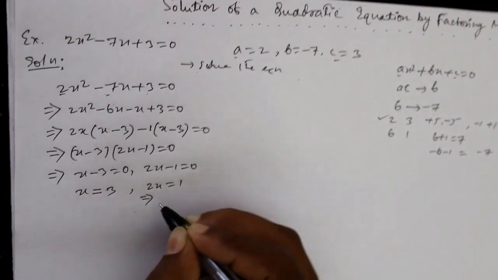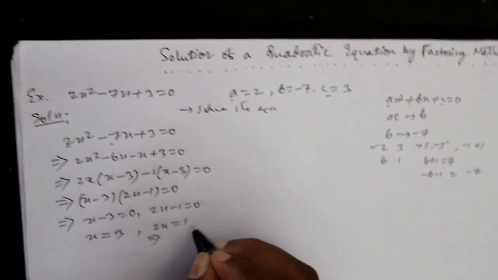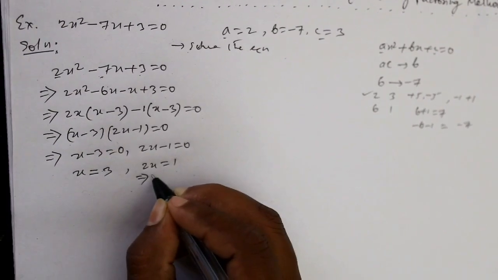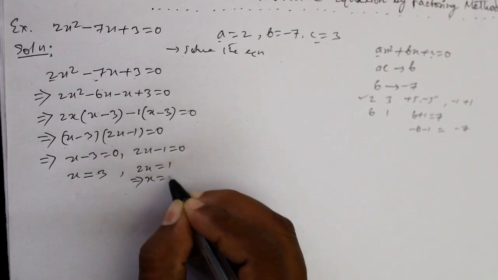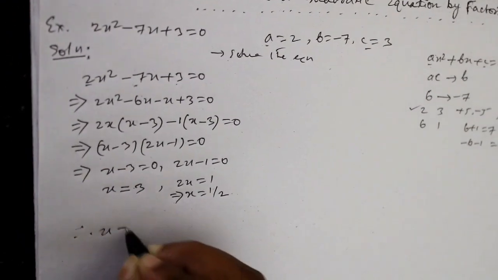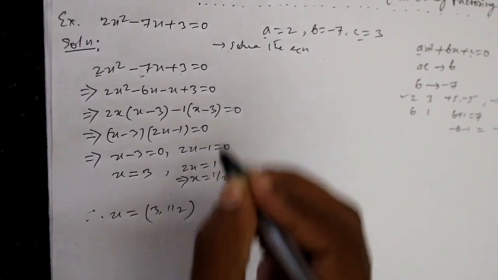Since 2 is multiplied with x, when it is transferred to the right hand side, it is divided, that is x is equal to 1 by 2, half. Therefore we get the values of x: 3 and half. These are the two values or the roots of the equation.